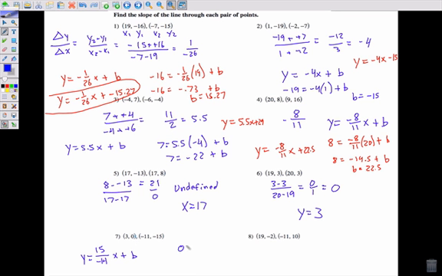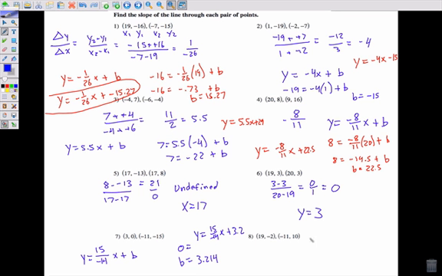So we're going to get 0 equals 15 over -14 times 3, which is -3.214. So b equals 3.214. The slope is 15 over -14. The y-intercept is 3.2.